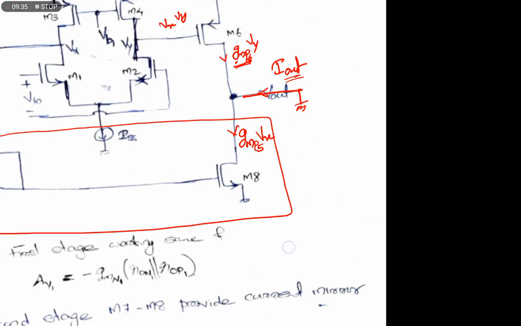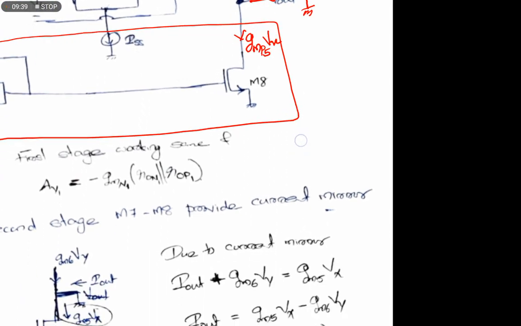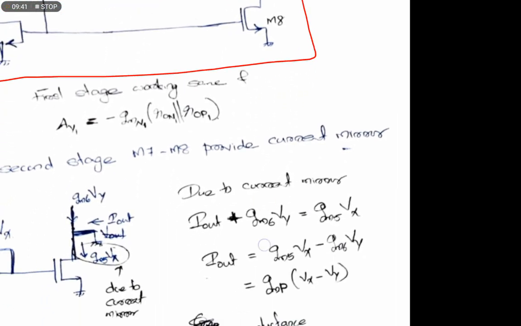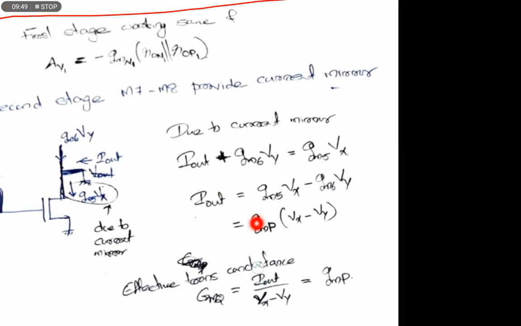I out plus GMP6 Vy is equal to GMP5 Vx. So this is fine, and I out is GM5 Vx minus GM6 Vy. Okay, GM5 and GM6 we write as GMP, so I out is GMP times Vx minus Vy, or the effective transconductance is GMP itself.